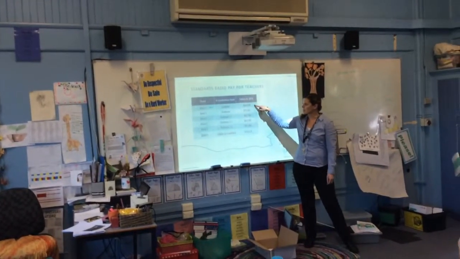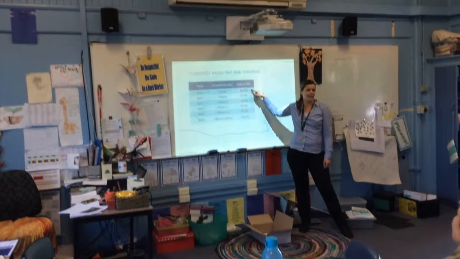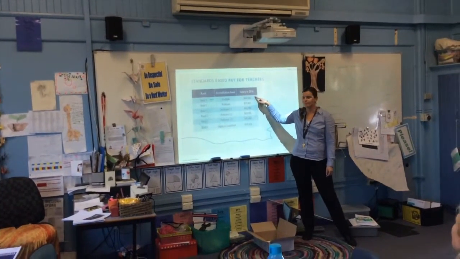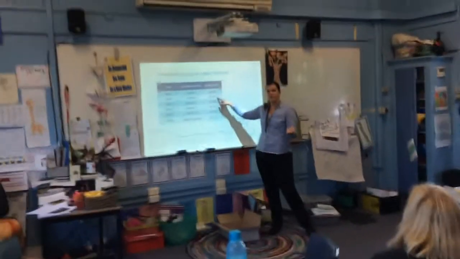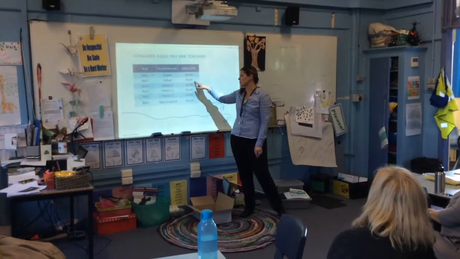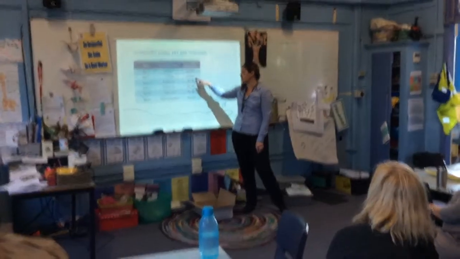So if you're a graduate teacher, this is your pay. I don't know how that compares to what you're getting now. Is it a little bit more? More, is it too much? Once you get that sign-off from submitting your evidence, you instantly jump to 77,200.